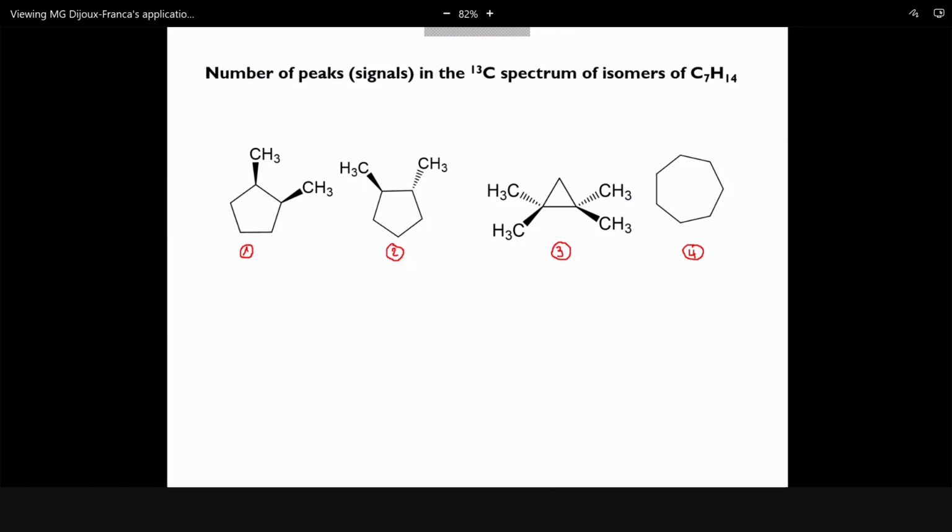There is a symmetry, so I think we should see two signals.